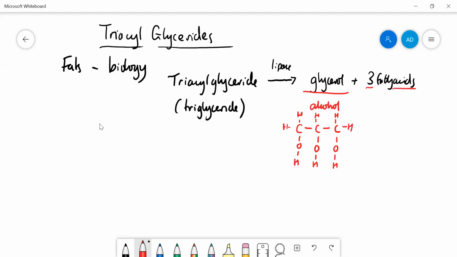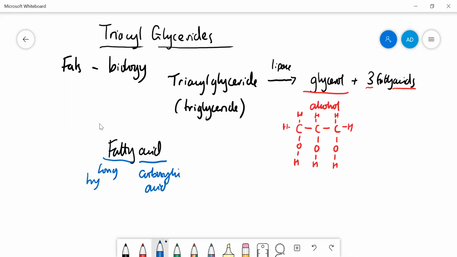So what does the fatty bit mean? Well, a fatty acid, what do the 2 bits of the word mean? This bit is a carboxylic acid, and this bit just means a long hydrocarbon chain.